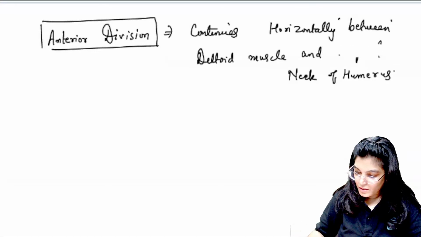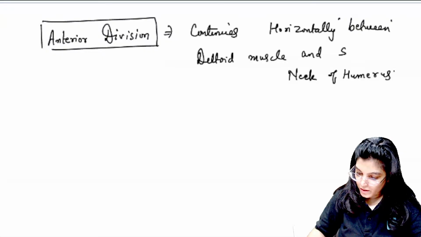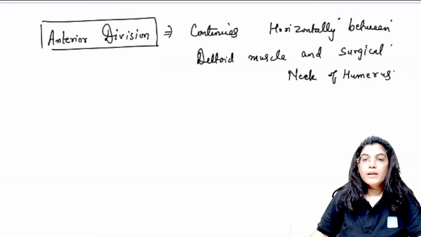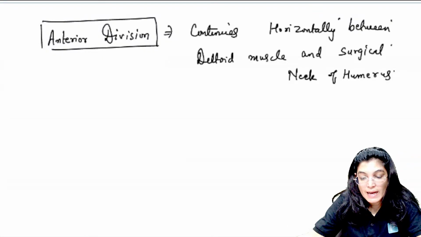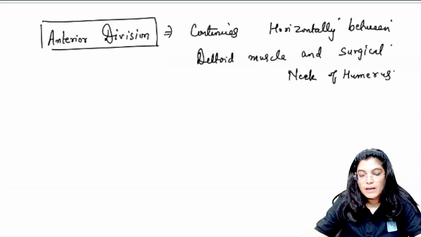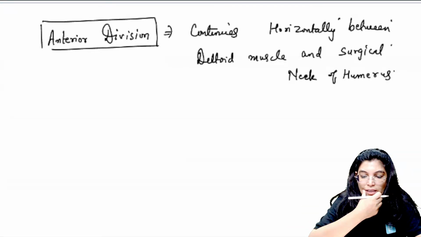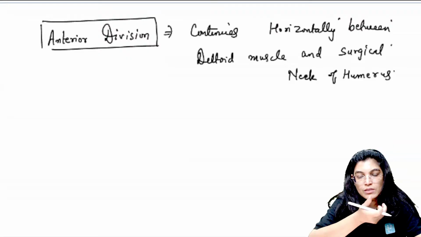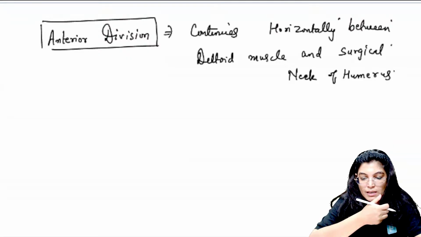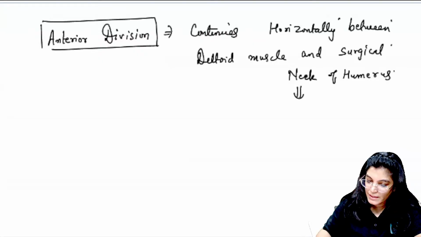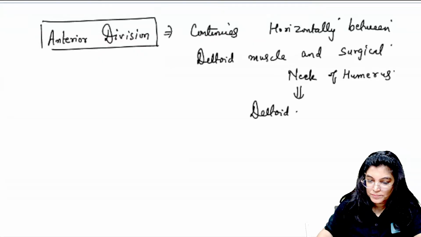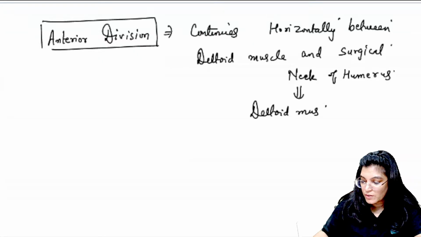This is exactly the surgical neck of humerus. So coursing in between the deltoid and surgical neck of humerus, it will also supply the deltoid muscle and give innervation to the deltoid muscle and overlying skin.